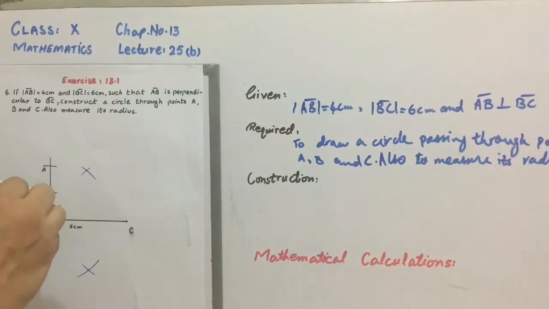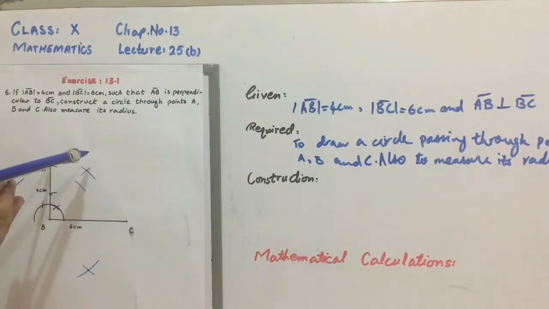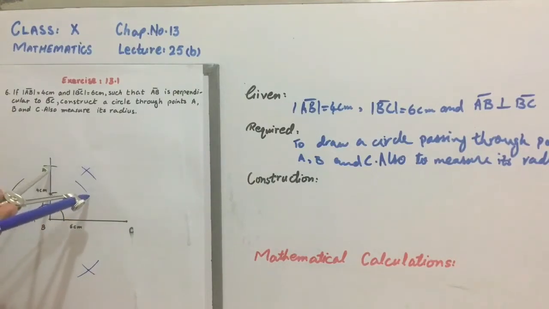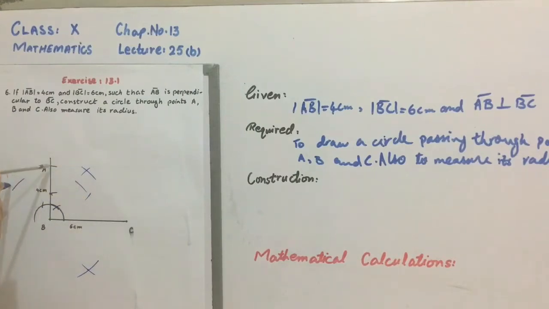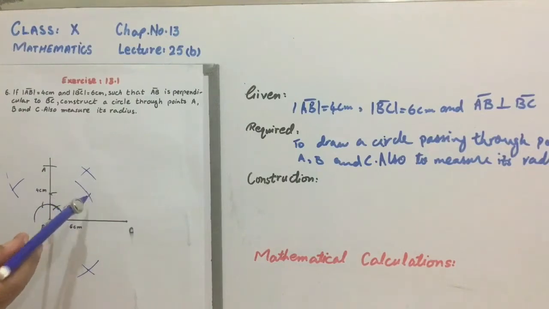AB is 4 centimeters long. These bisectors will bisect each other at a point which will be the center of the circle.